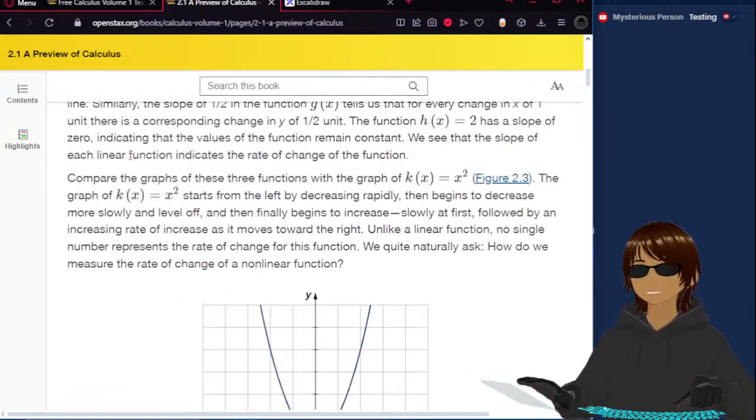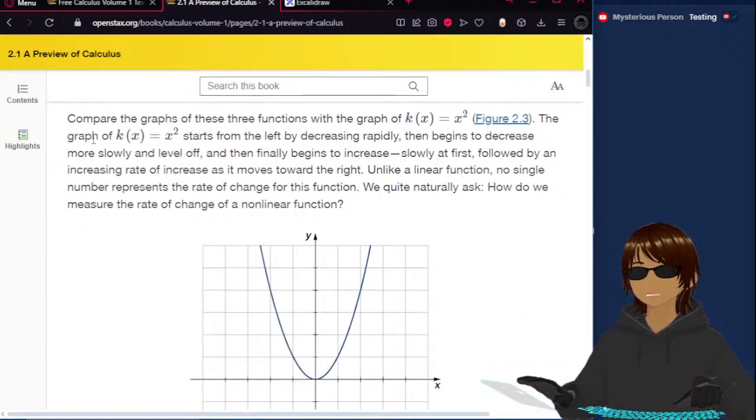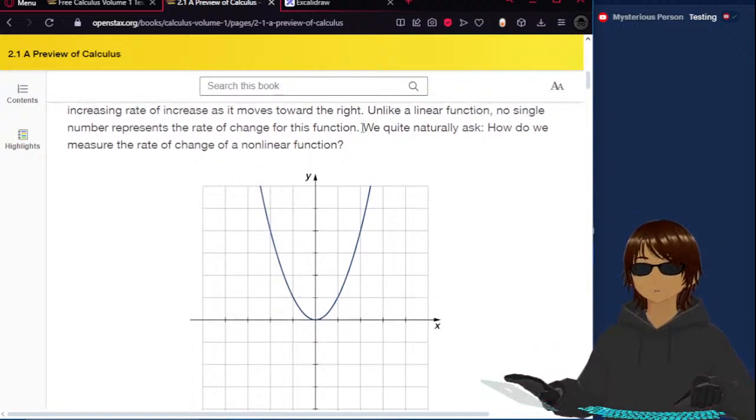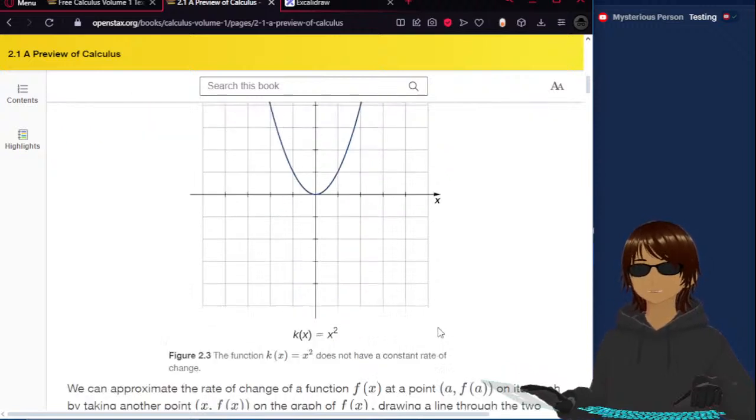Compare the graphs of these three functions with the graph of k of x equals x squared. The graph of k of x equals x squared starts from the left by decreasing rapidly, then begins to decrease more slowly and level off, and then finally begins to increase. We might ask, how do we measure the rate of change of a nonlinear function?